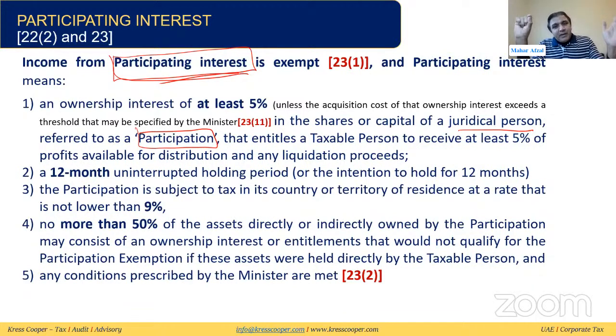If this company has an investment in the foreign juridical person of at least 5% for a continuous period of 12 months, and the income that the UAE company will get from outside the UAE is subject to tax at 9%, and assets which are part of the participation are not exempt, these are the major conditions. Then it will be assumed that this is the participation interest, and any income from the participation interest will be considered an exempt income.